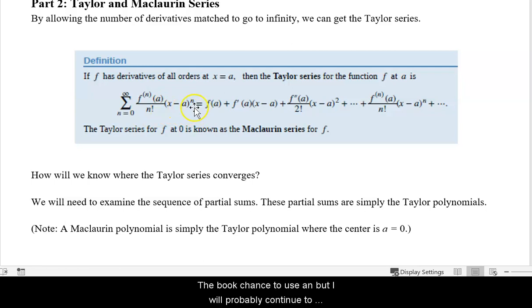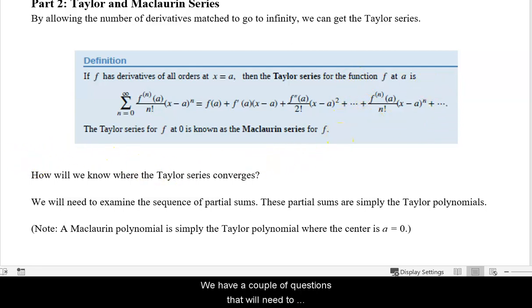The book tends to use n, but I will probably continue to use k as I don't want to confuse you and use different notation in different videos. You'll notice when you expand this out that it looks just like what we did yesterday for the Taylor and Maclaurin polynomials, except that it continues forever. The Taylor and Maclaurin polynomials stopped after the nth one.